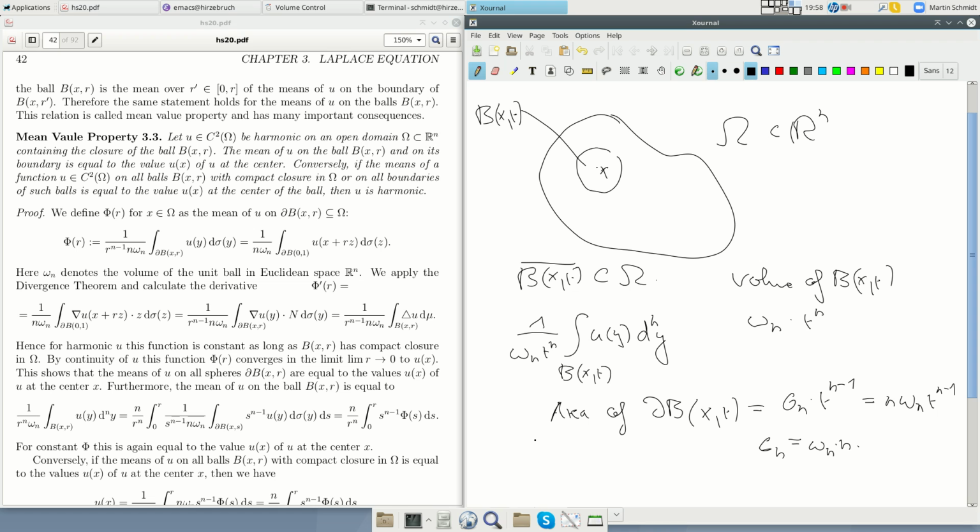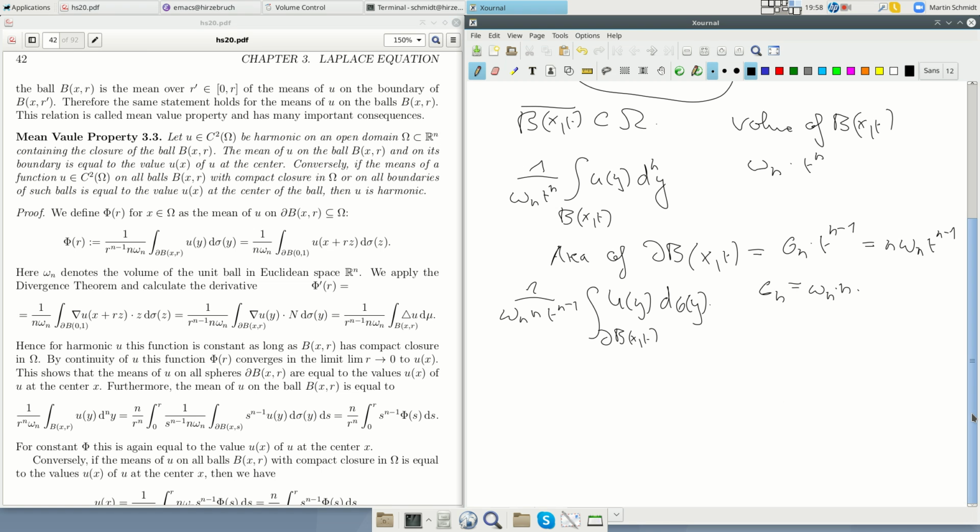So the mean over the boundary of the ball is this expression. And now d sigma, this is the boundary integral, which we introduced in chapter 2.